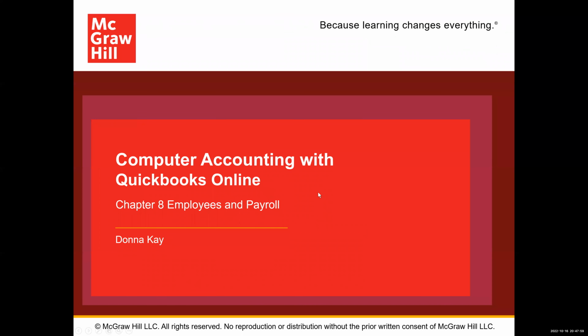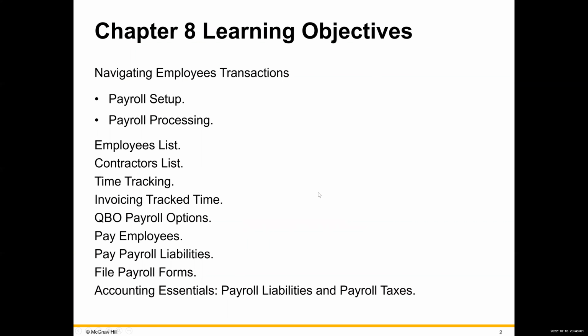Okay, here we go. The learning objectives of Chapter 8 are these: payroll setup and payroll processing. We'll talk about the differences between an employee and a contractor. We'll talk about time tracking that we use to compile employees' and contractors' time.